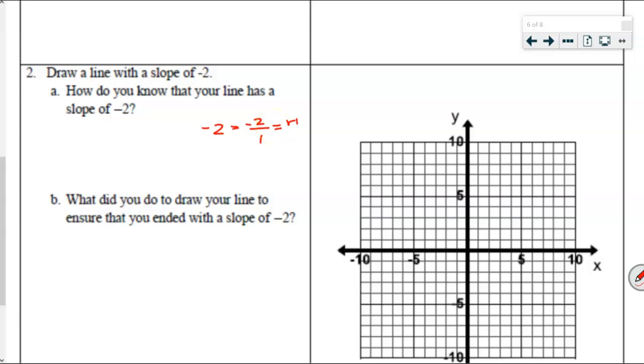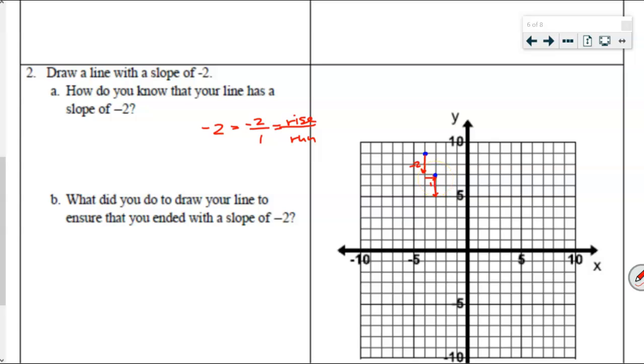So again, we turned it into a fraction so we can see a rise and we can see a run. So no matter where I decide to start, like maybe I decide to start my line here, to find the next point, I'm going to rise -2. That means I'm going down 2. And I'm going to run +1. There's going to be another point. And I can repeat that process.